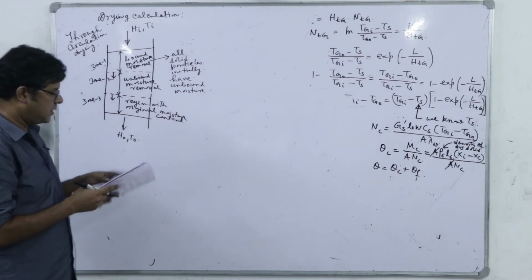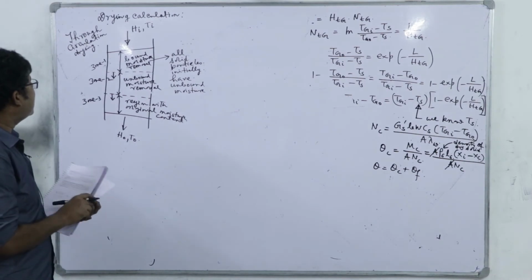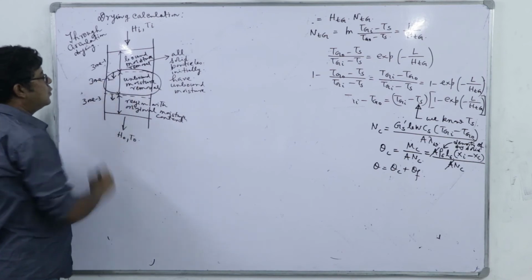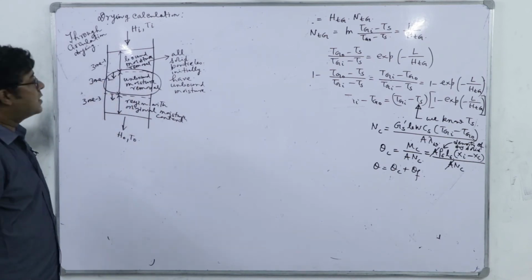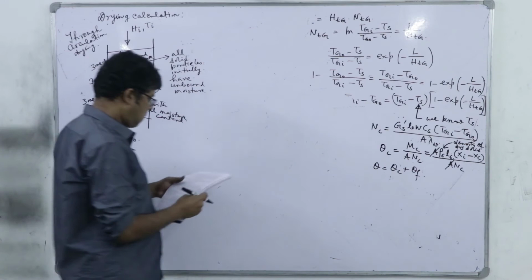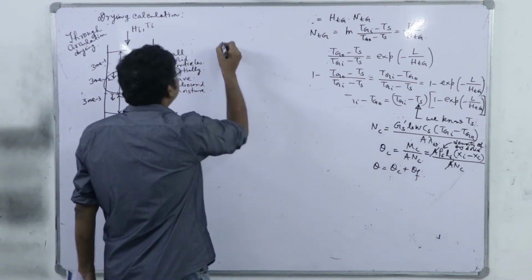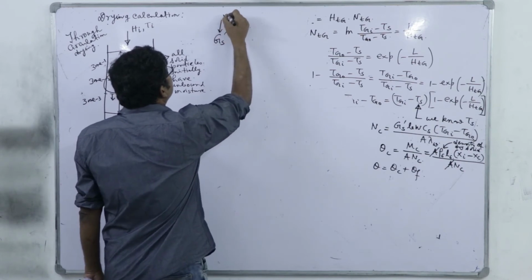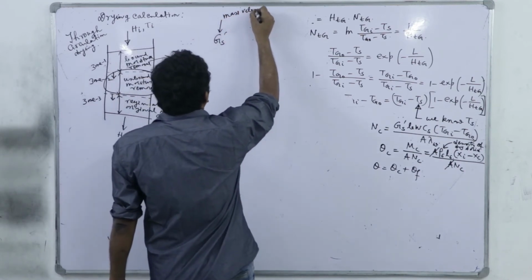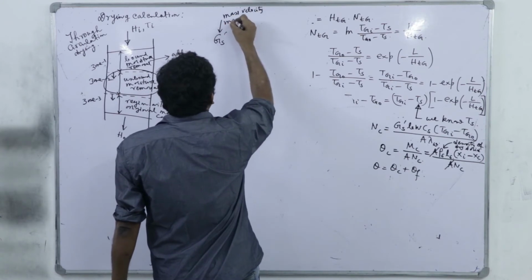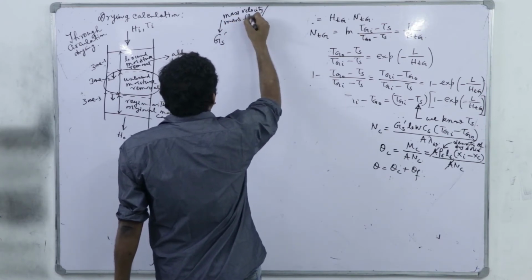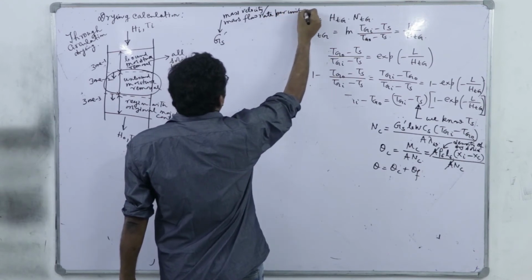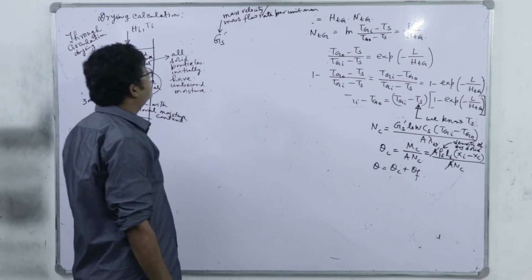Here we can perform a tentative calculation regarding the bed height, considering this operation is taking place in zone 2, because it is giving you the constant rate period. So, Gs prime is the mass velocity or mass flow rate per unit area, right.